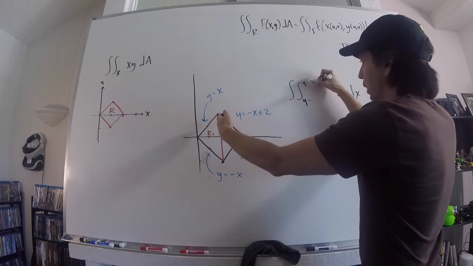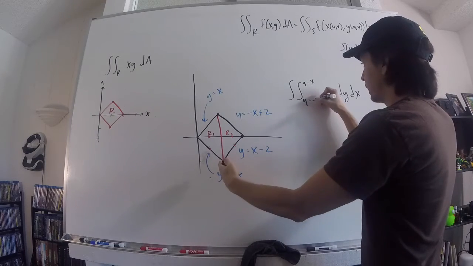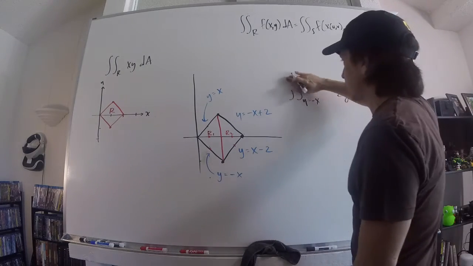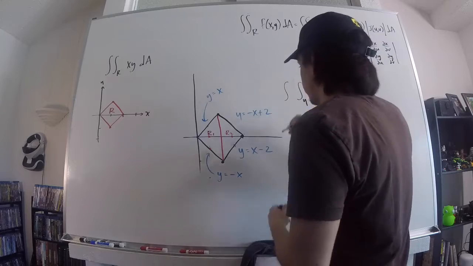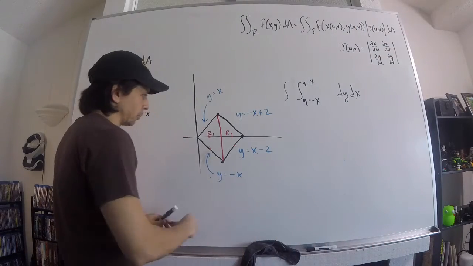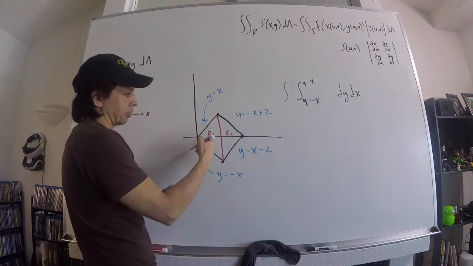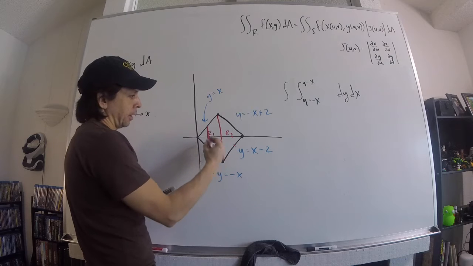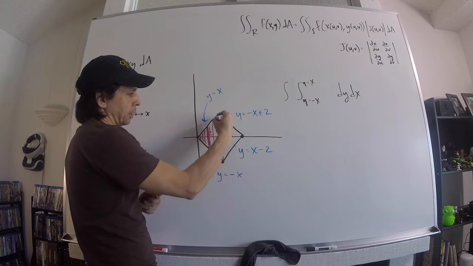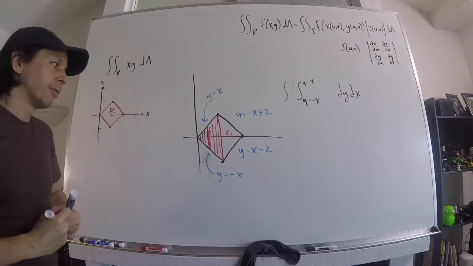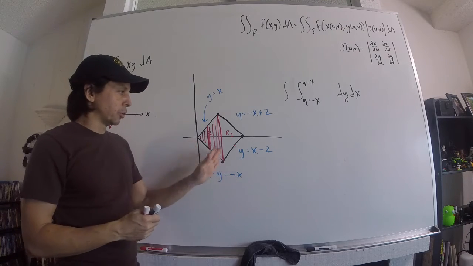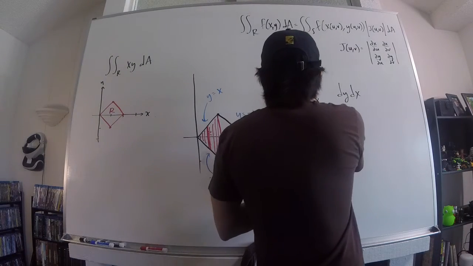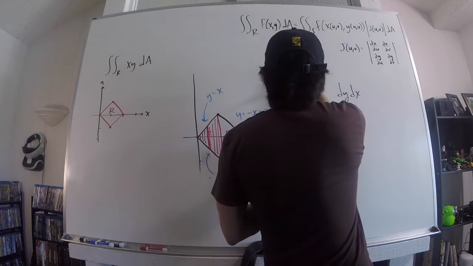So my upper curve is y is equal to x, my lower curve is negative x. That means I'm doing region 1, upper curve to lower curve, right here, and then all the slices from there all the way to the edge of that particular half of the overall region. So that's from x equals 0 to x equals 1.